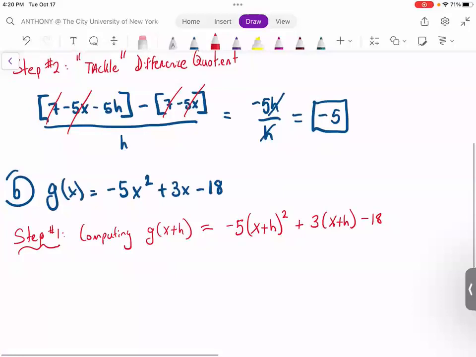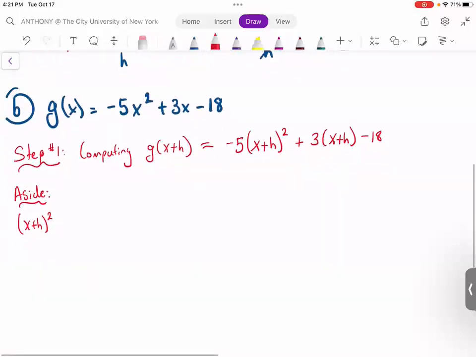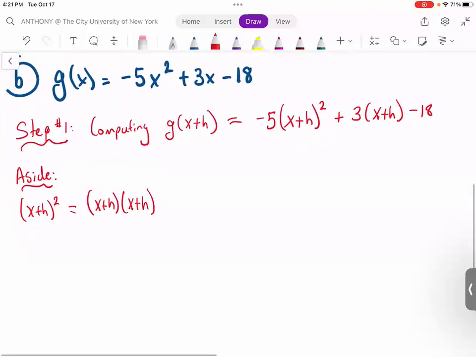So you have to expand this. So just aside here, what you need to do is first expand the x plus h squared, right? So x plus h squared is the same thing as saying x plus h times x plus h, okay? If I want to FOIL this out, I do x times x, which is x squared. Then I do x times h, which is xh.